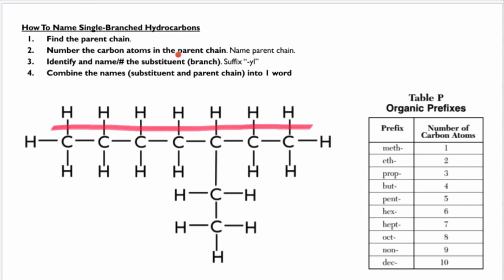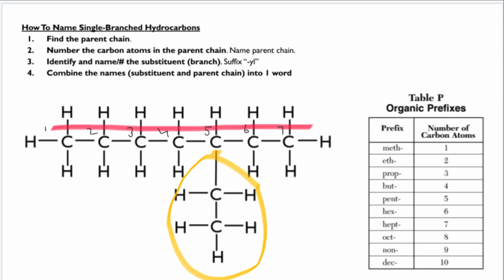So now let's think about how I might want to number the carbon atoms in my parent chain. Let's go ahead and just remind ourselves this is where our branch is, and we want to make sure that the carbon atom that the branch is coming off of is numbered as low as possible. So I can see from looking at this, I could number the carbon atoms 1 across like this. I could go 1, 2, 3, 4, 5, 6, 7.